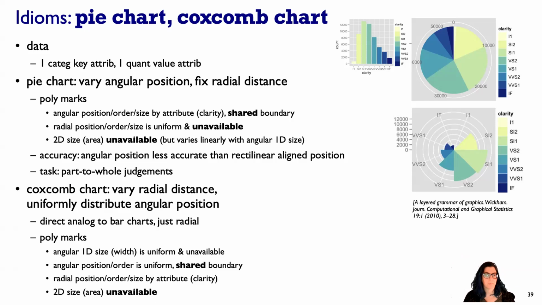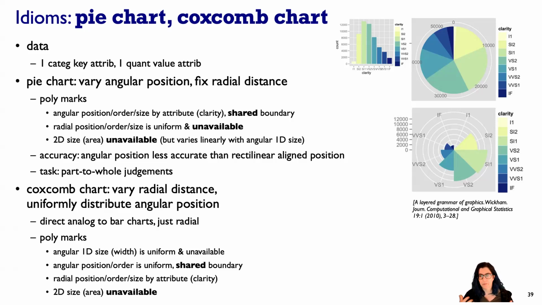How many? Now, you might think of the pie chart as the alternative to a bar chart that's radial, but actually it's not. There's something that's much more analogous to a radial bar chart, which is what's sometimes called the coxcomb chart. And that's where you're varying the radial distance and then uniformly distributing things around from an angular point of view. So it's sort of the inverse of a pie chart.